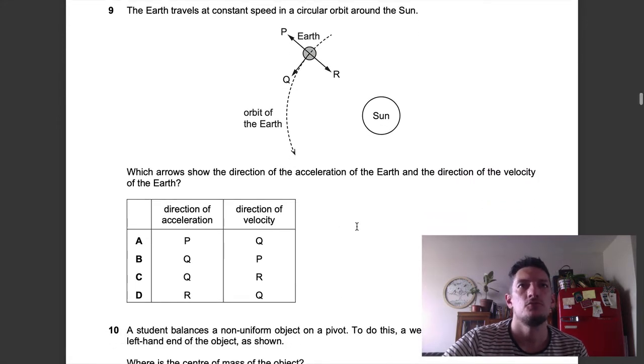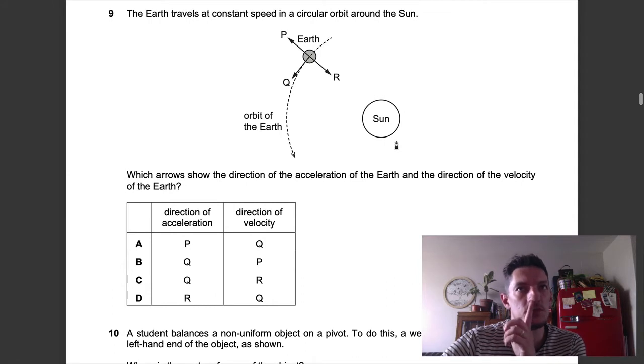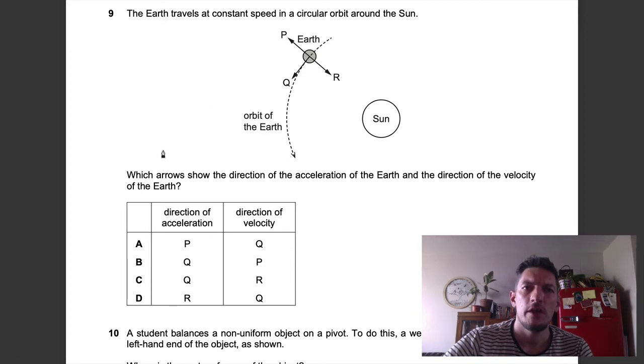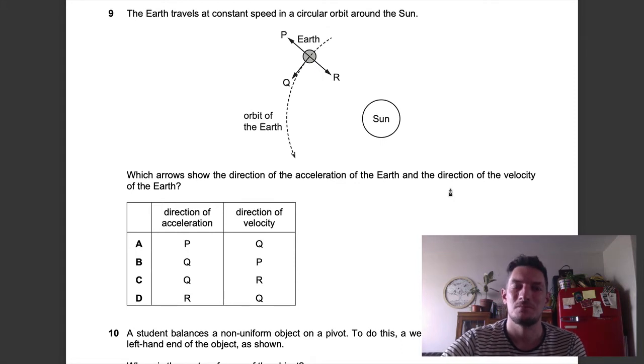The Earth travels at a constant speed in a circular orbit around the Sun. Which arrow shows the direction of the acceleration of the Earth? And the direction of the velocity of the Earth? Okay. Bit of a tough question, this one.